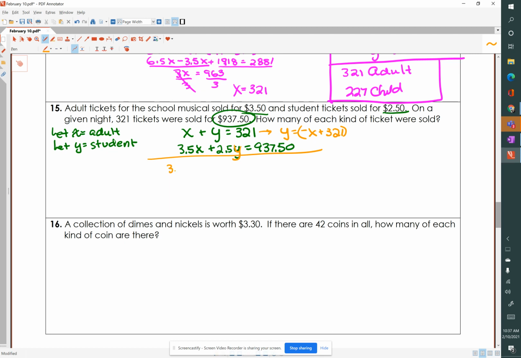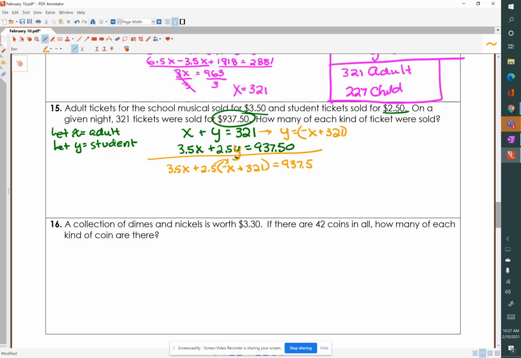So I will solve for x. 3.5x plus 2.5 times the quantity of negative x plus 321 equals $937.50.